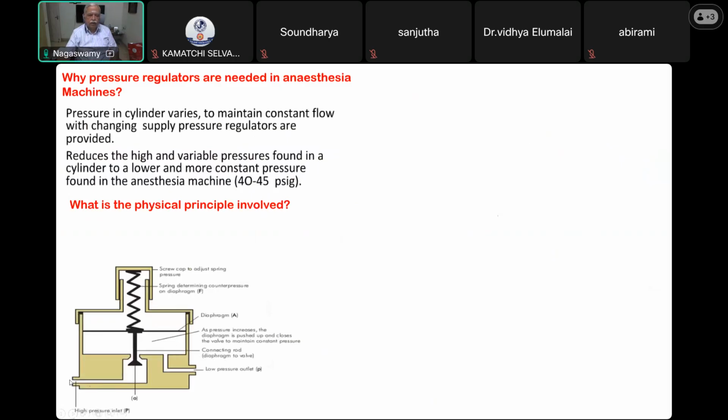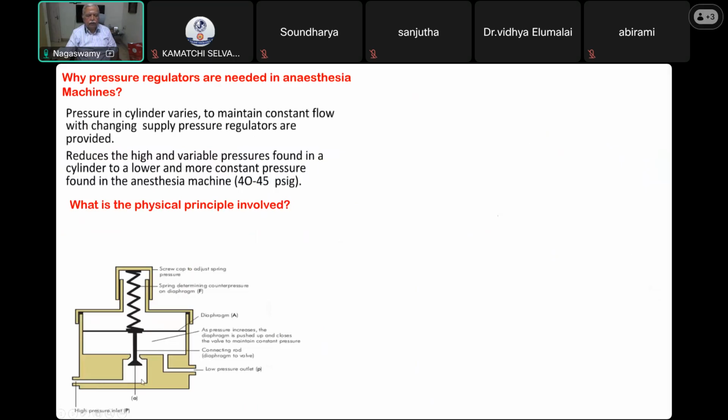So the pressure is capital P, high pressure, and the area is small a. It is released into a larger area, capital A. Automatically the pressure drops and becomes a smaller pressure. You can see the small p here. So that is the basic principle that you can remember.